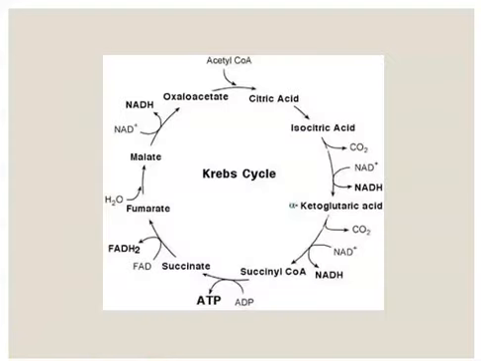This is a diagram of the Krebs cycle. We don't need to know all these details. What we really need to know is a summary of what's happening during this process, what's going in and what's coming out. So here's our acetyl-CoA molecule, the product of pyruvate processing.